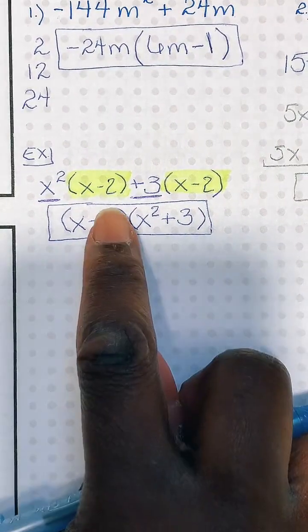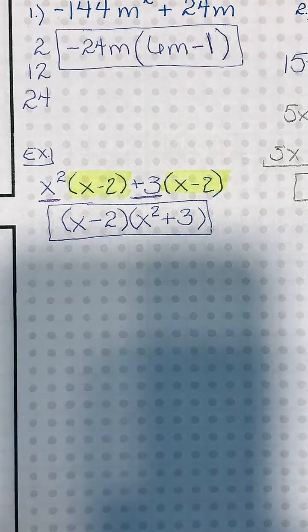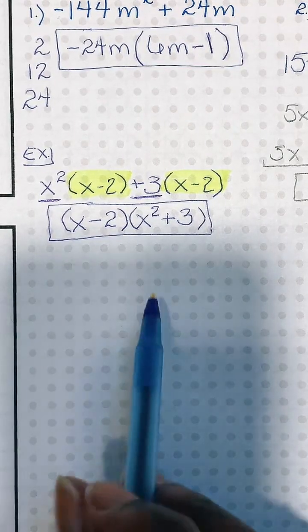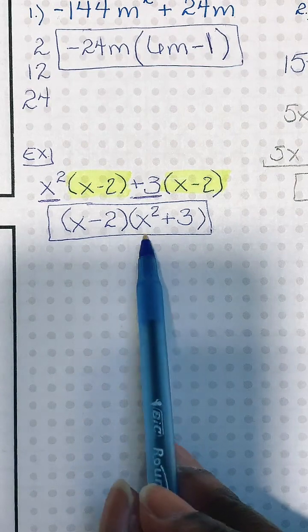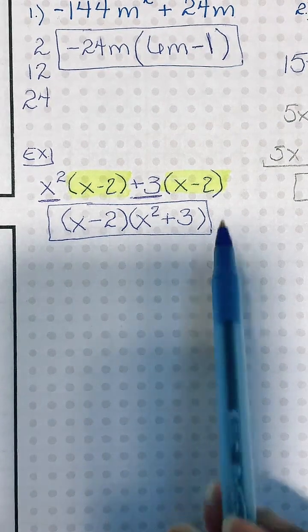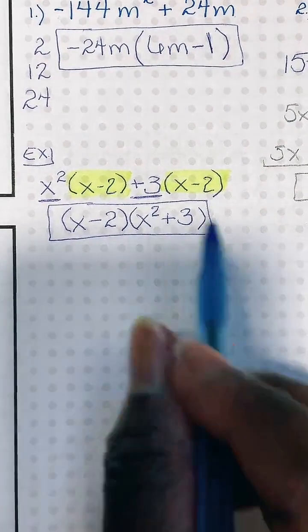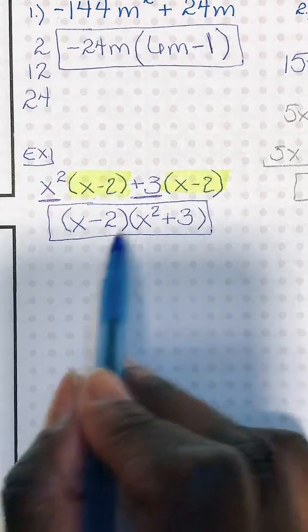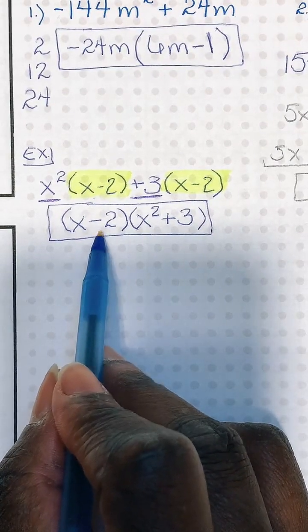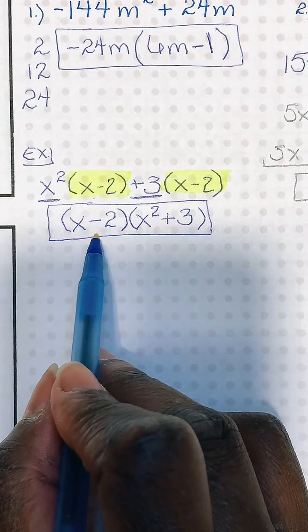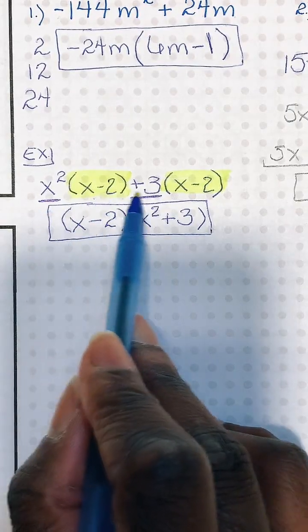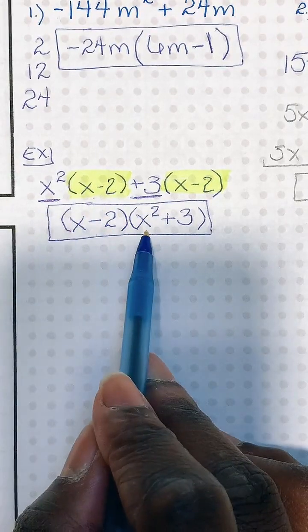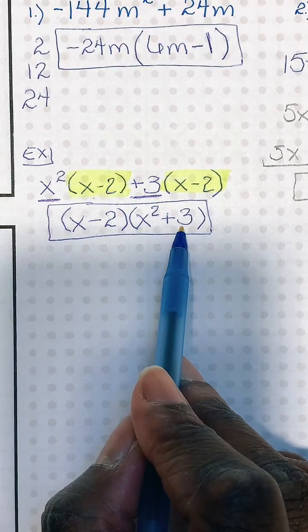When I say GCF, it's usually what do they have in common. So it's that x squared plus 3, because x minus 2 is your GCF. That's what we collected into one parenthesis, and what was left over is x squared plus 3.